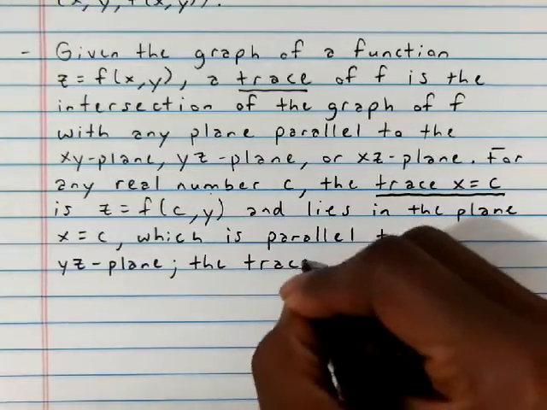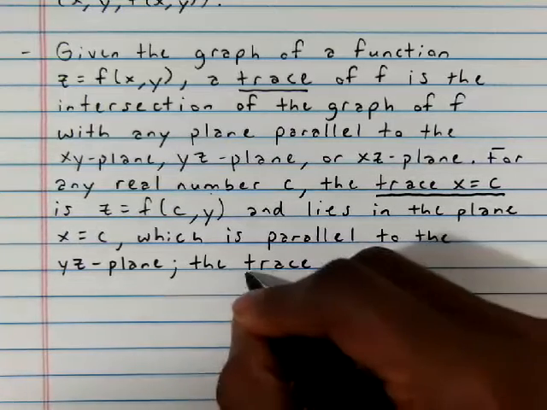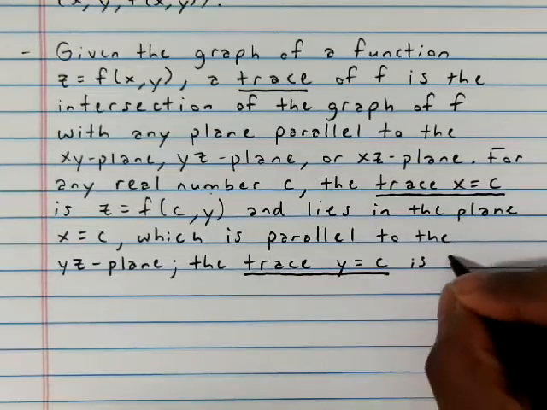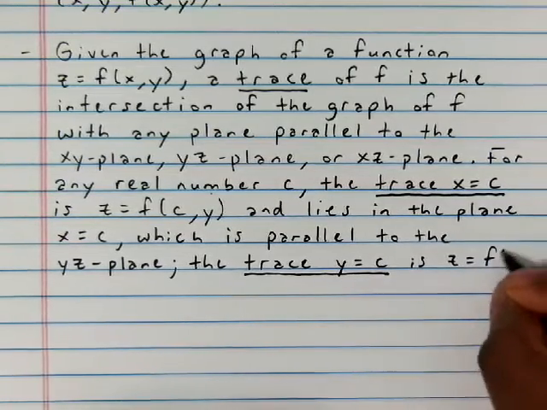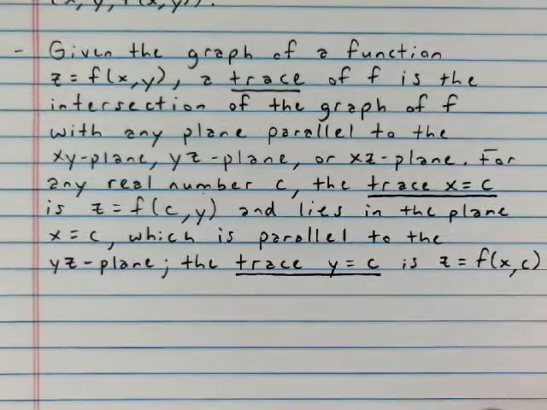The trace y equals c is z equals f of x, comma c. So you just plug in your c for your y there.